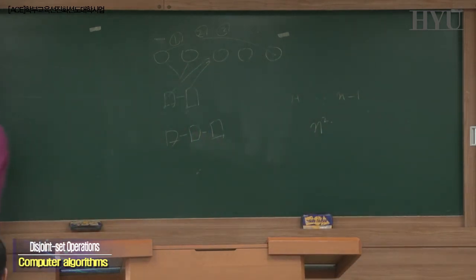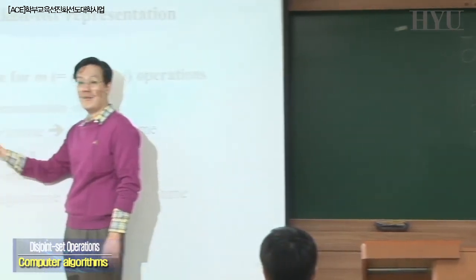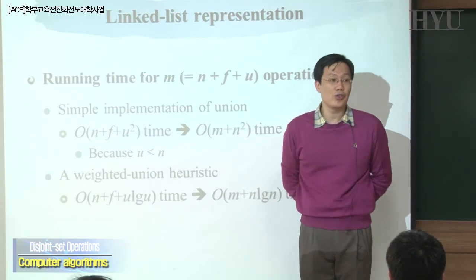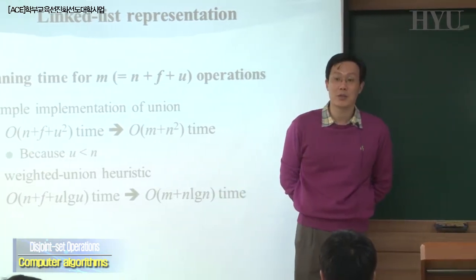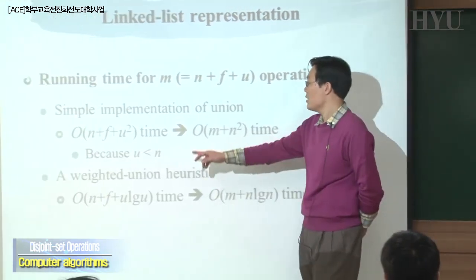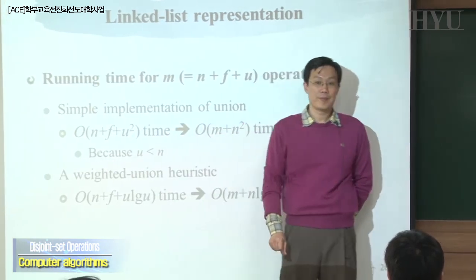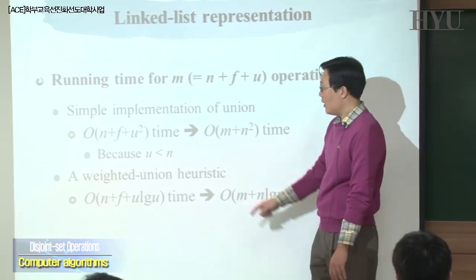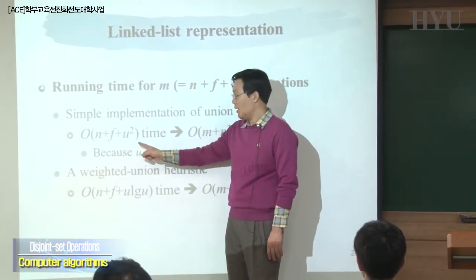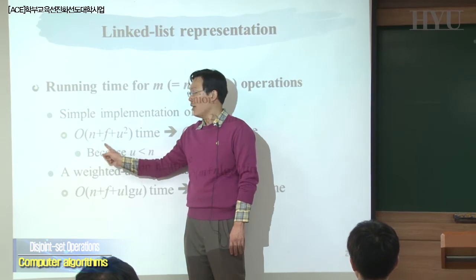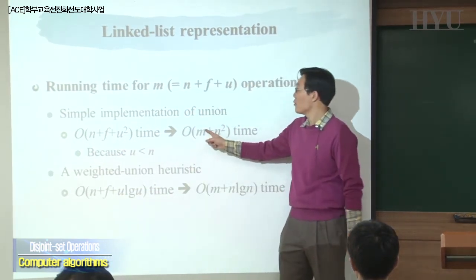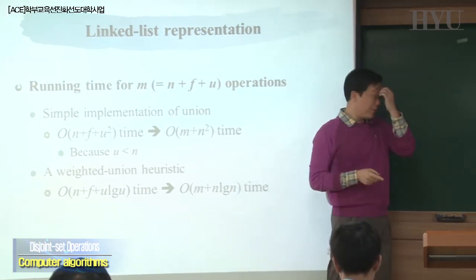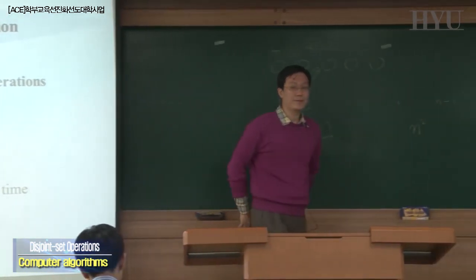That's why it is n plus f plus u squared, and as I told you, u is at most n minus 1. So it is n squared. And we know that n plus f is at most m. So the running time is reduced to O of m plus n squared.